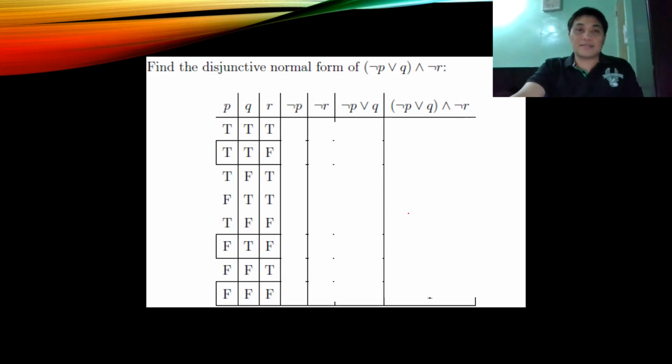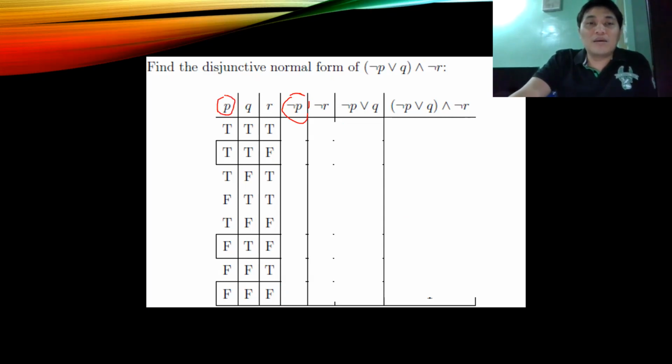So let us get the negation of P in this equation. If the value is true, the negation of P will be false.